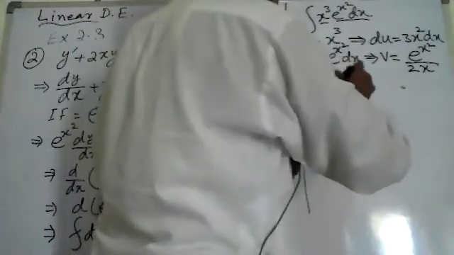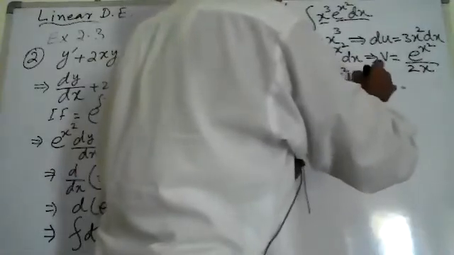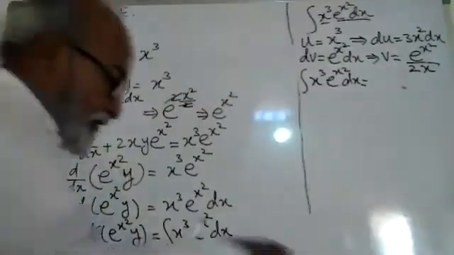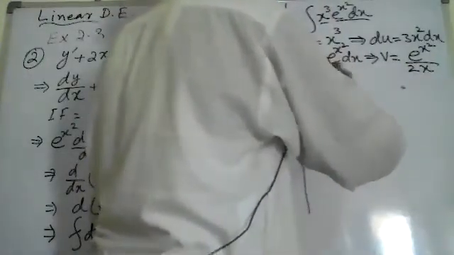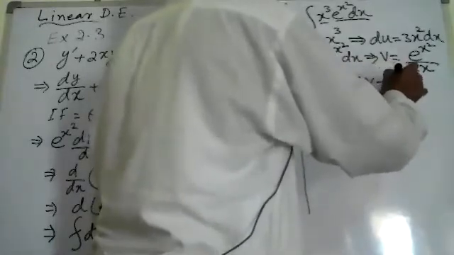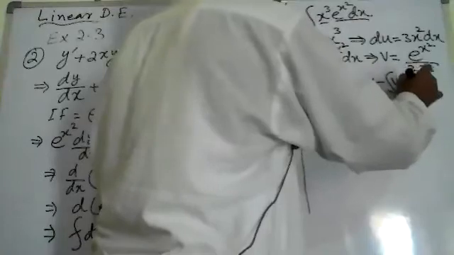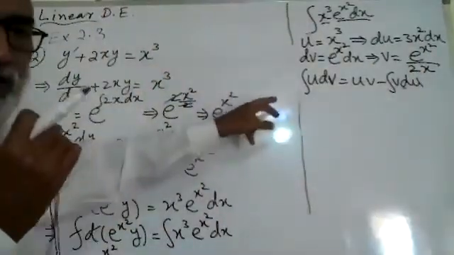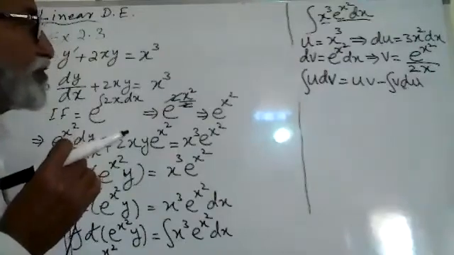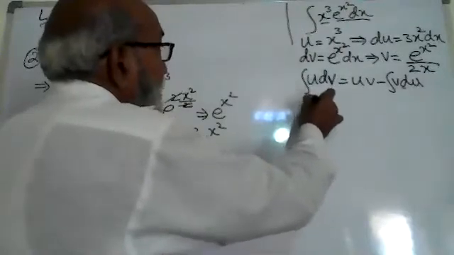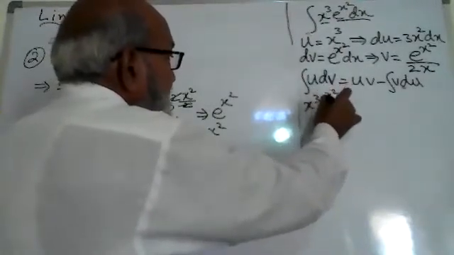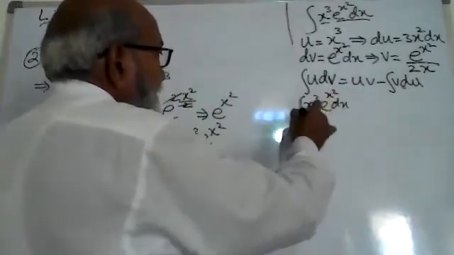x cube e raised to power x square dx will become, first of all I am writing the formula. Integral u dv will be equal to uv minus integral v du. So that is x cube e raised to power x square dx integral.